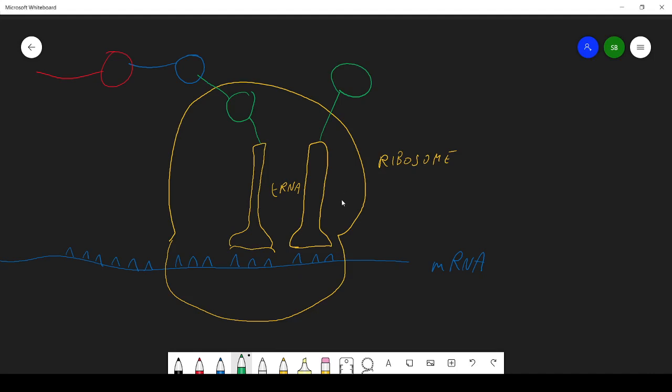This process of attachment can be interfered with by aminoglycosides, such as gentamicin. So that's another way we can get an attack.